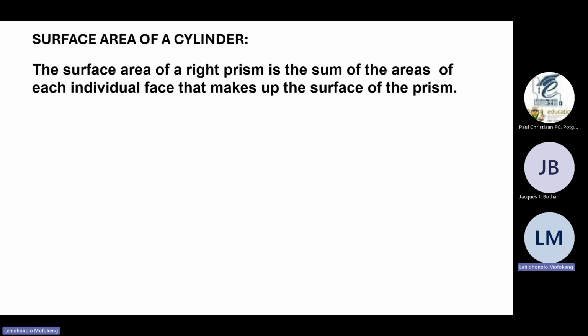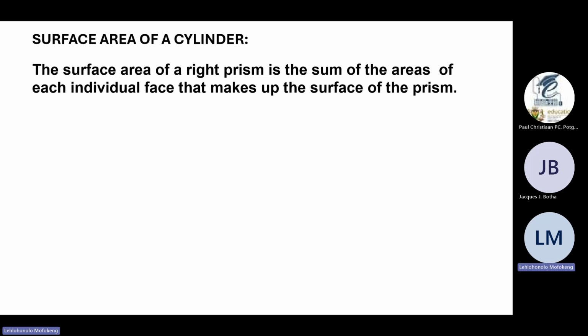The surface area of a right prism is the sum of the areas of each individual face that makes up the surface of the prism. I want to repeat this.